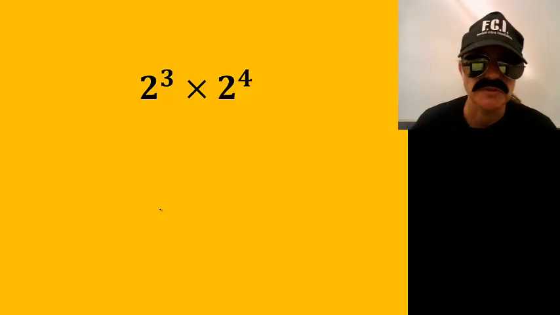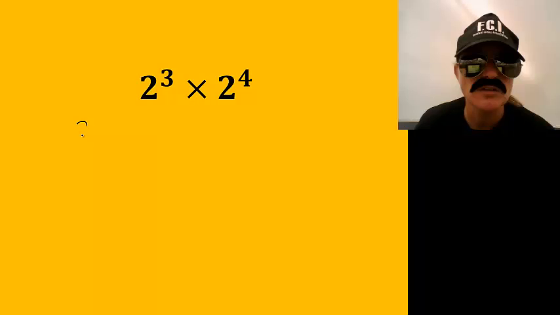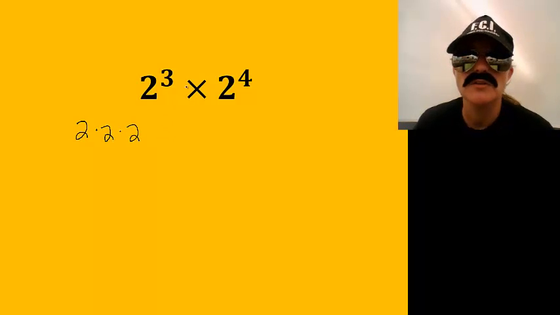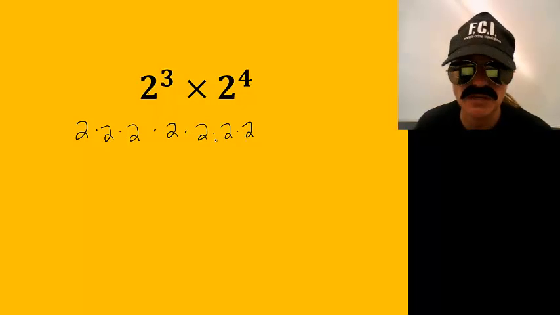So here's our first one. If you have 2 to the third times 2 to the fourth, that is saying 2 times 2 times 2, times 2 times 2 times 2 times 2. You have the base of 2 3 times, and then the base of 2 4 times.